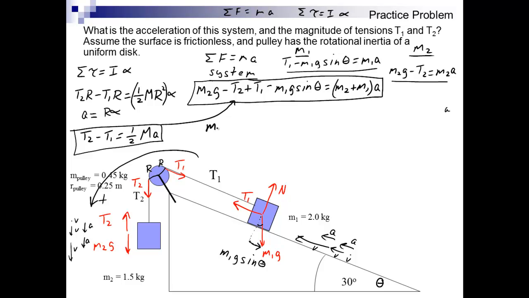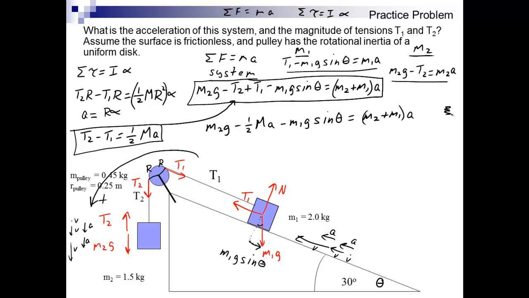So that's M2G minus 1/2 big M times A minus M1G sine theta, and that will equal M2 plus M1 times A.